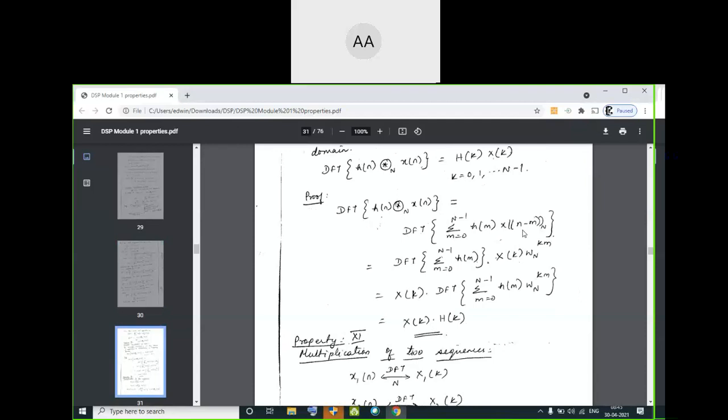This is nothing but the DFT of this into the DFT of this. So keep the summation term like that. Okay, the DFT of this. The DFT of x of n minus m is what? Shifted value. This is just shifted circularly. So you know it is x of k Wn to the power of whatever the shift is.